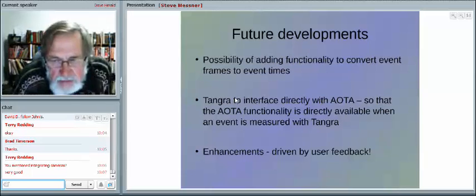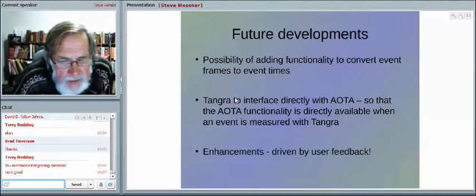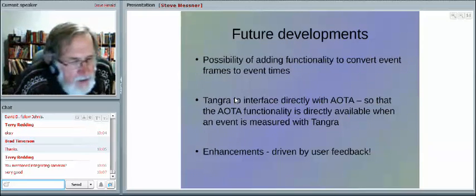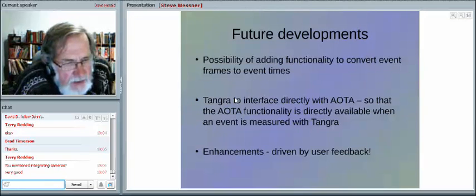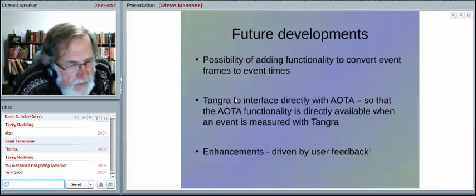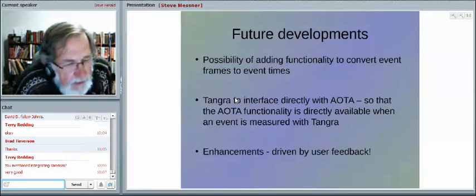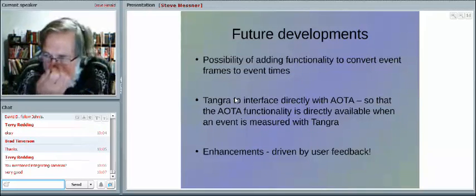Tangra, the way IOTA has been built, it's got an interface so that measurement programs can transfer data into IOTA and then trigger the analysis of IOTA.